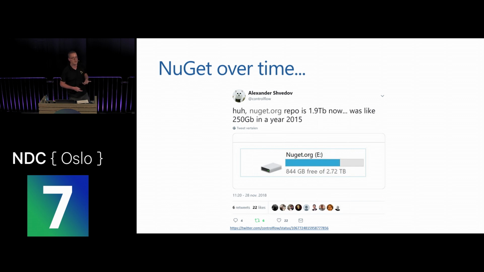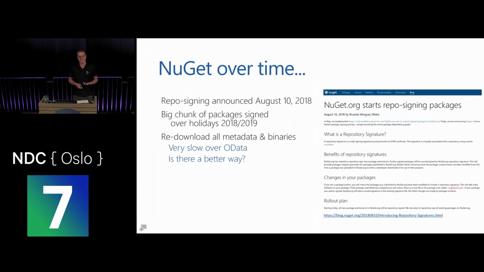Also, NuGet announced last year that they would start signing all the packages that are on NuGet. Basically what that means is that at some point they opened up all of the NuGet packages, added a signature in those NuGet packages, stored them again, and added them to the NuGet.org feed again.